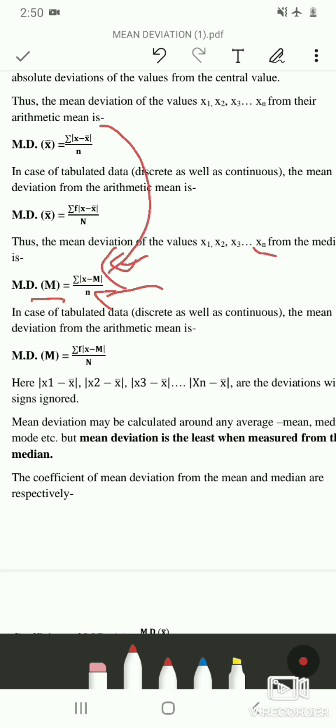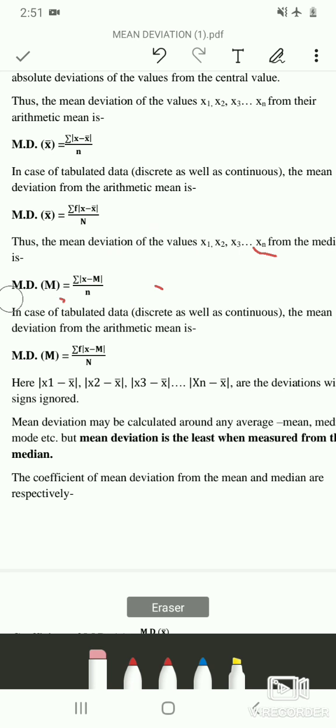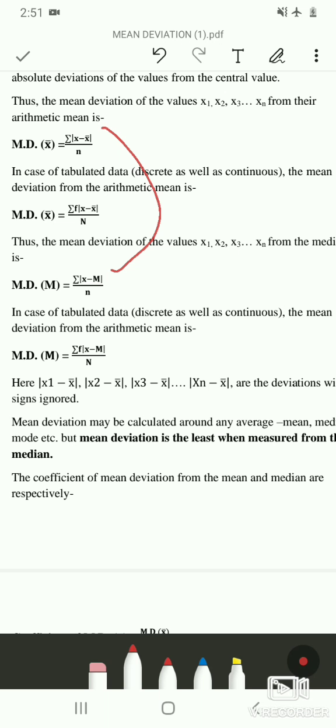So in these two formulas you can see there's only a difference of the central measure that is taken. So here we are taking mean, so that's why it is x bar, and here we are taking median, so we are writing it as capital M, that is median.